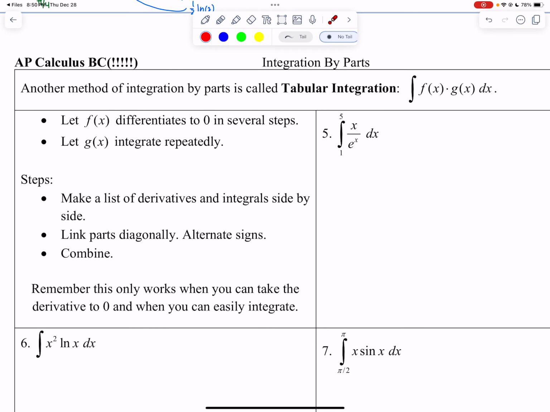You're going to pick what u is, aka the derivative, and see when it goes to 0. So you're going to make a list of derivatives and integrals side by side. You're going to link the parts diagonally, and then you're going to alternate signs, and we'll talk about what that means, and then we'll combine.